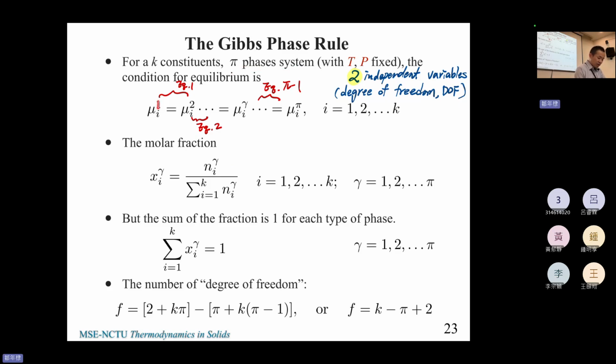So you see in each constituent, they have pi phases, and phases provide pi minus 1 conditions. You need to satisfy pi minus 1. But you have k constituents, k types of materials in this system. So these are k times (pi minus 1) equations. We can also call this constraint.